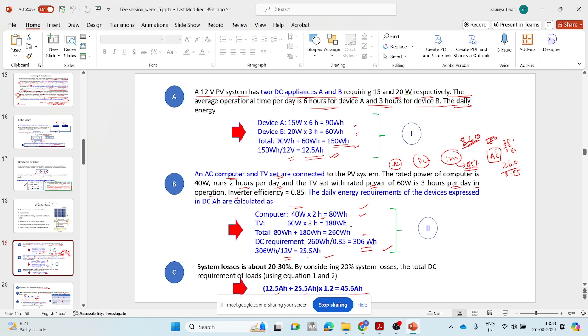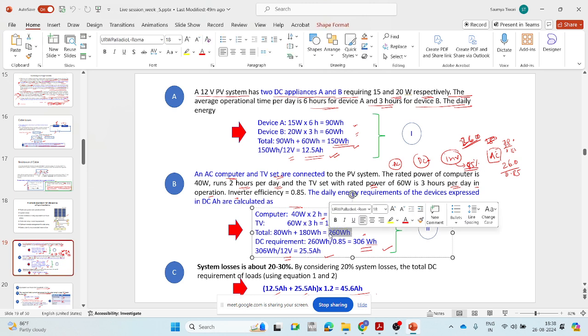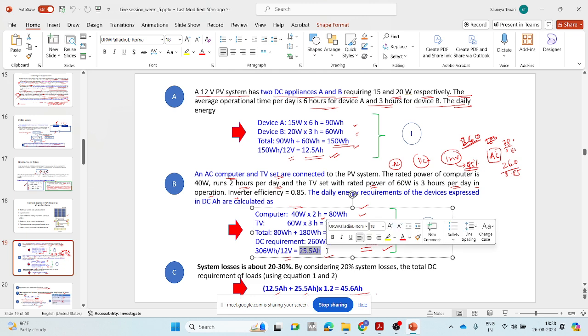This is your rated energy requirement, but the actual DC power required will be more than this, due to the inefficiency of the inverter. So this will be 306 watt hour, and the corresponding value will be 306 divided by 12 volt, for the 12-volt PV system. This will be 25.5 ampere hour.